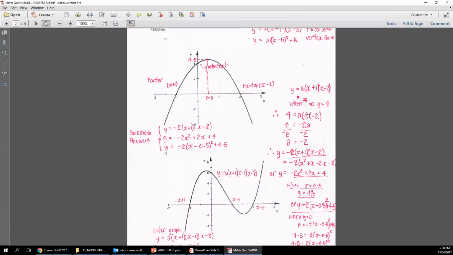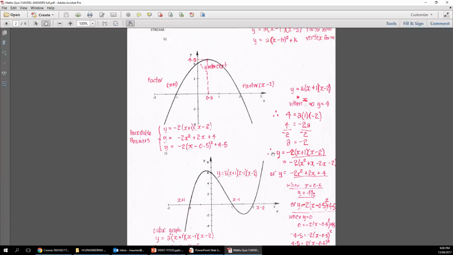When x equals 0, that's 0 plus 1 times 0 minus 2. We run that out and we get 4 equals negative 2a. We don't want negative 2a, we want a, so we divide both sides by negative 2 and we find that a equals negative 2.